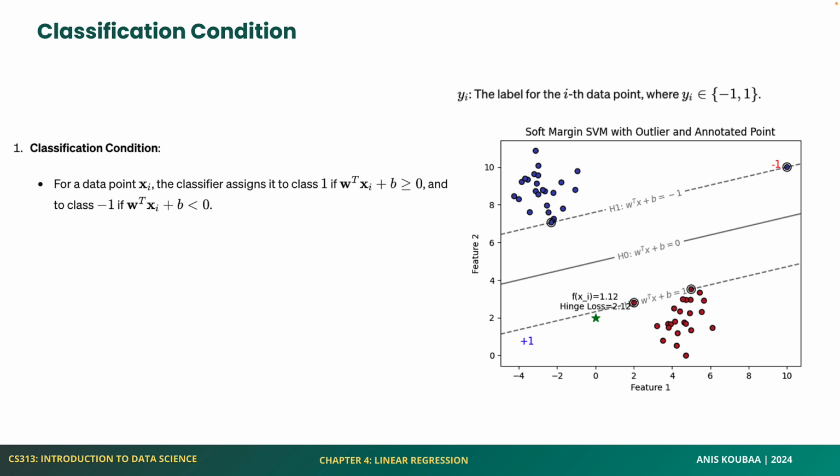But in SVM, we don't only consider this one; we want to have a margin. When the margin is very large, we have less likelihood of misclassification. This is why we want to maximize the margin given the points that we have, to avoid misclassification. But the classification condition is that if you are greater than 0, you're going to assign it +1, and if you are smaller than 0, you're going to assign it -1.